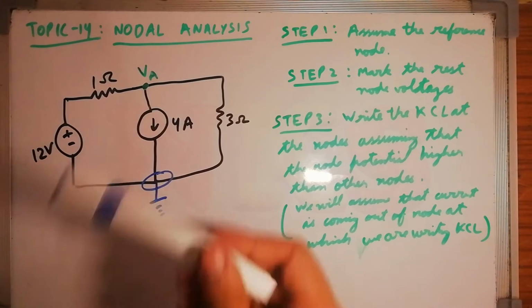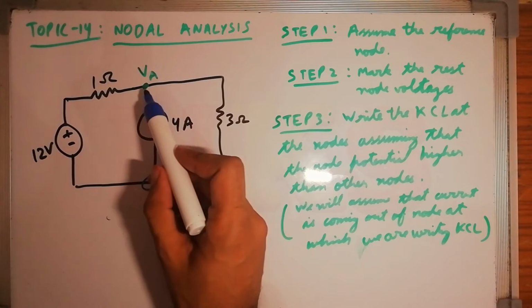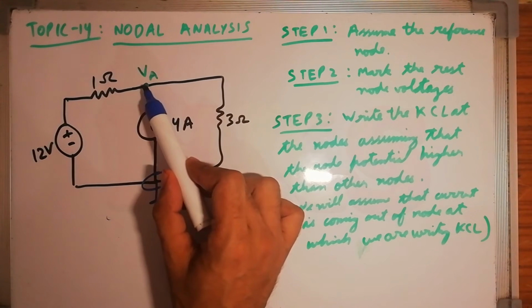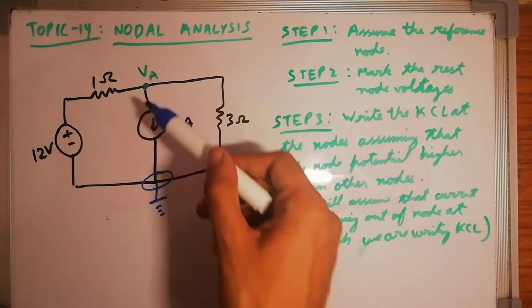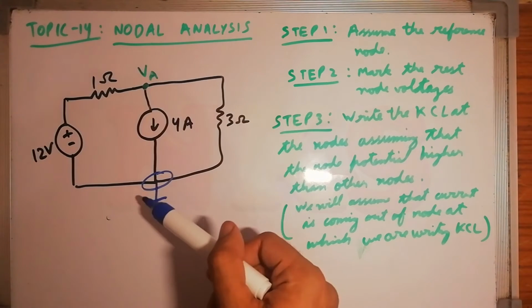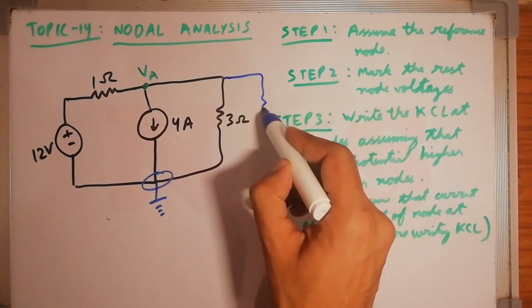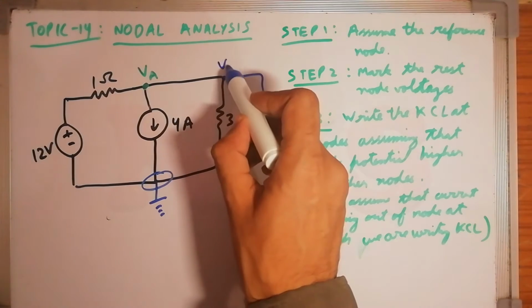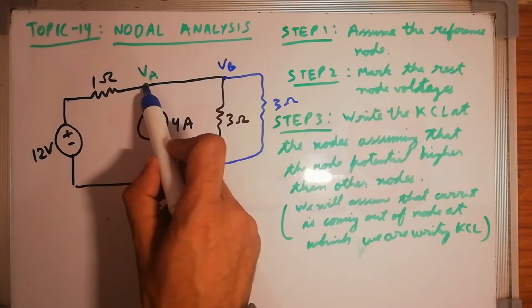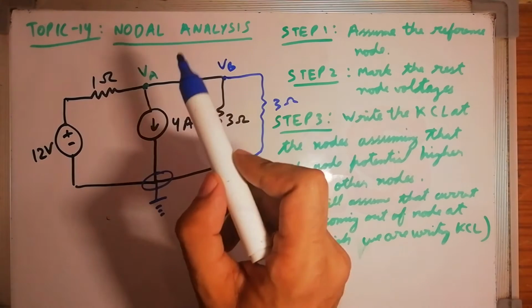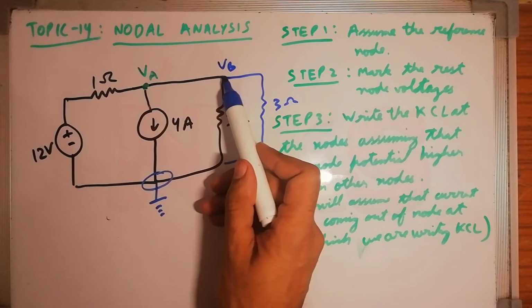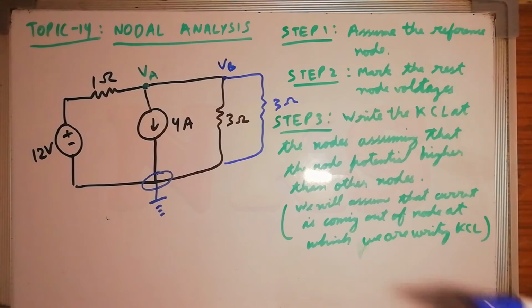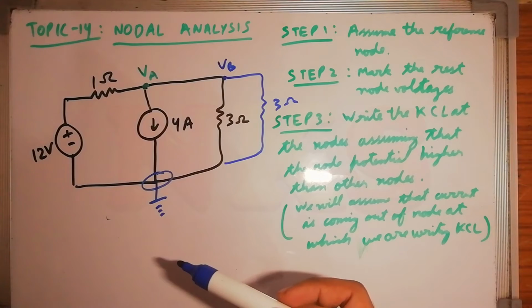Here there is VA, so I have to write KCL at this node, and I will assume that the potential of VA is greater than the rest of the nodes in the circuit. Obviously the reference node voltage is 0, so VA is already greater than 0. Let us say there is some circuit like this with 3 ohms, and this is also one node, so I will mark it VB. If I am writing KCL at node A, then I will assume that VA is greater than VB. If I am writing KCL at VB, then I will assume that the node voltage VB is greater than VA. This is the logic.